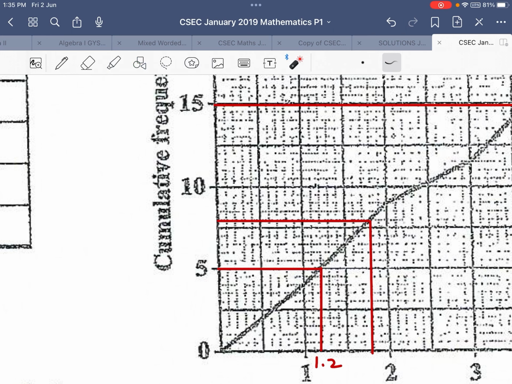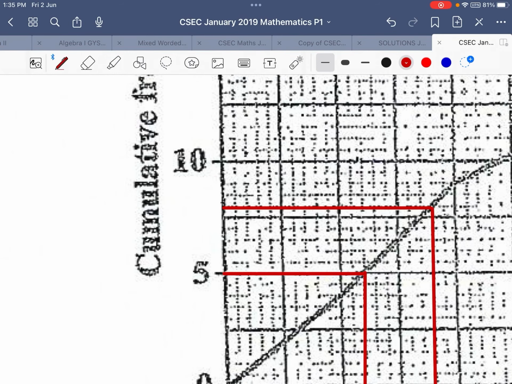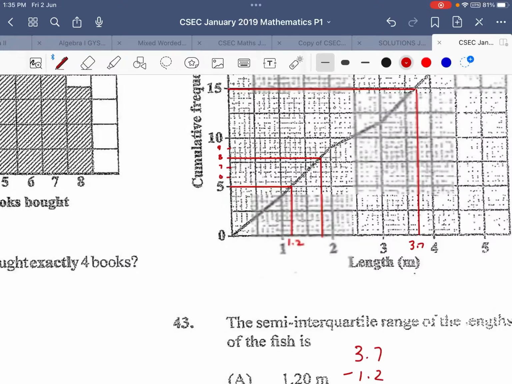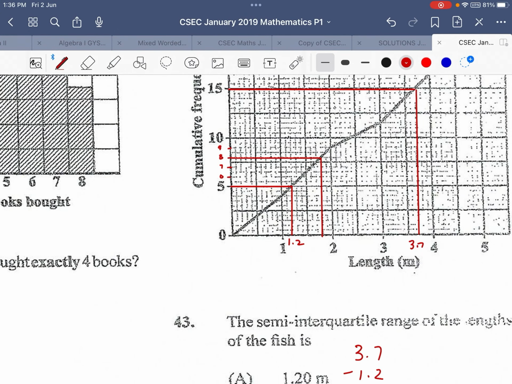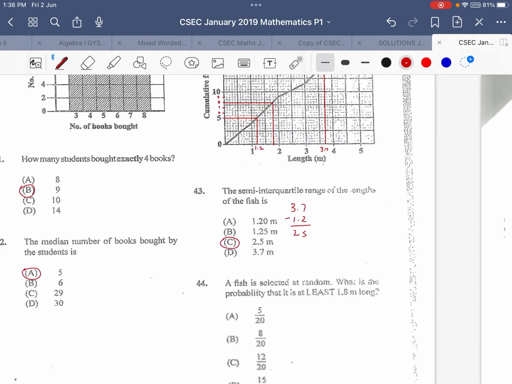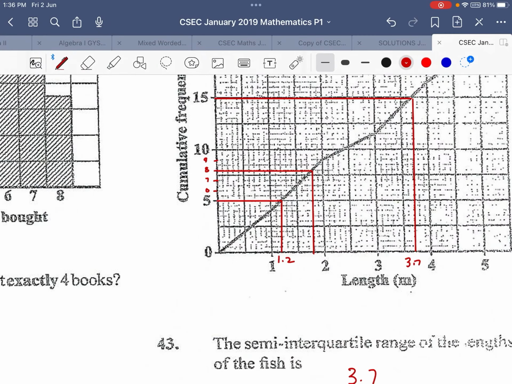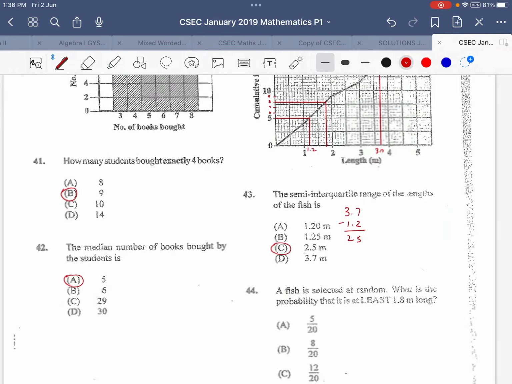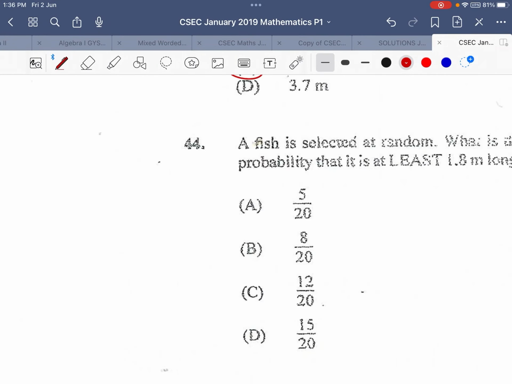Right, so here we have 10 markings, so every 2 markings should be a number. So this should be 6, then 7, 8, 9, 10. So at this line, 8 fish would be below 1.8, so that means that 12 fish should be above 1.8.